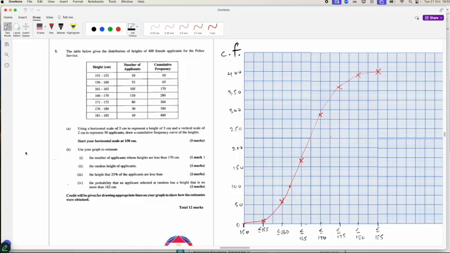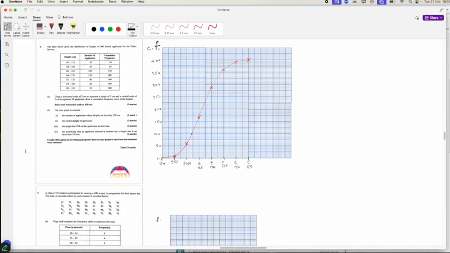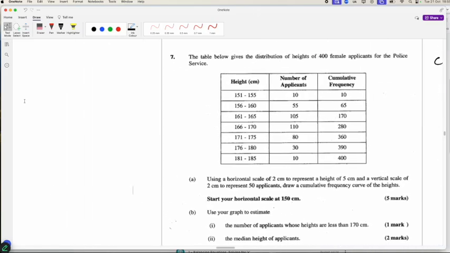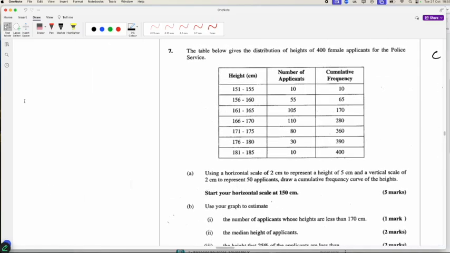Let me see what the question is asking us first. The table below gives the distribution of heights of 400 female applicants for the police service. So I see heights here, and as we gain plenty grouped data questions, we gain some good exercise, right?